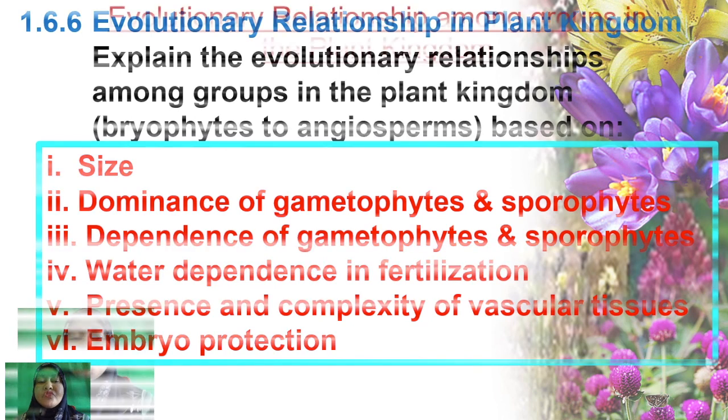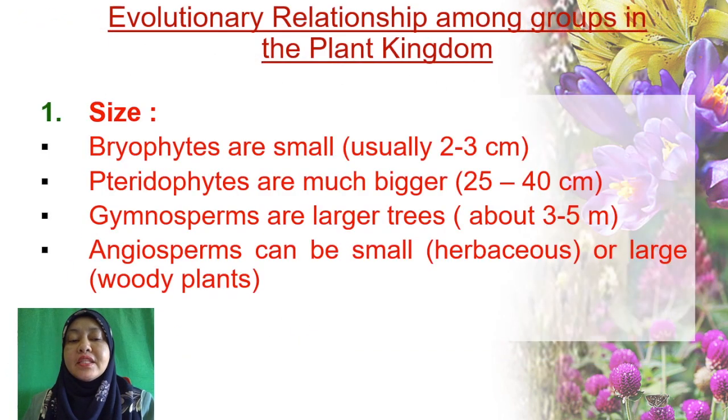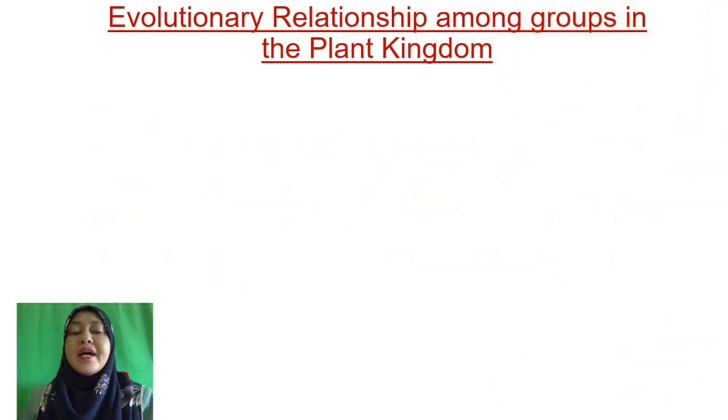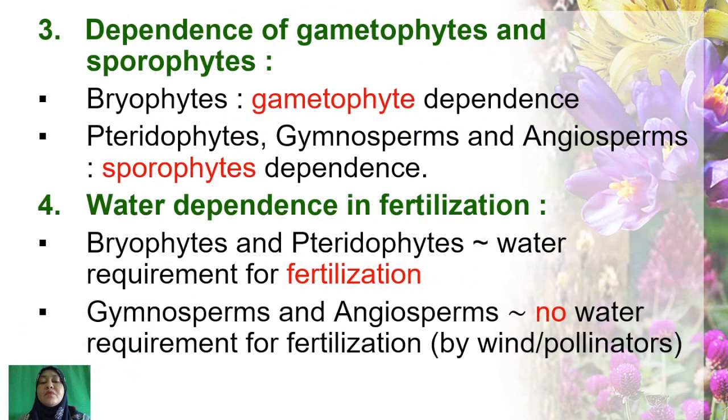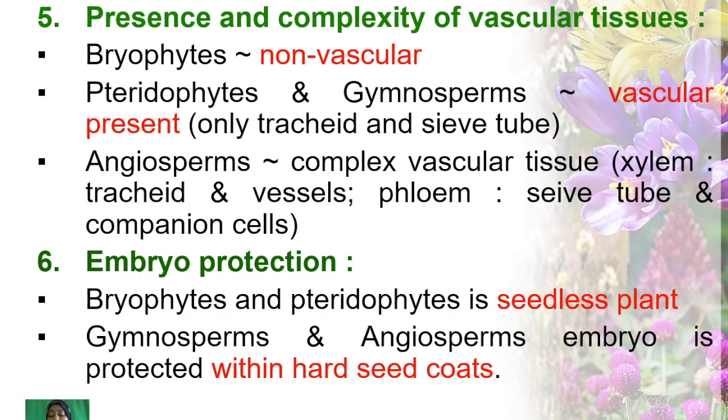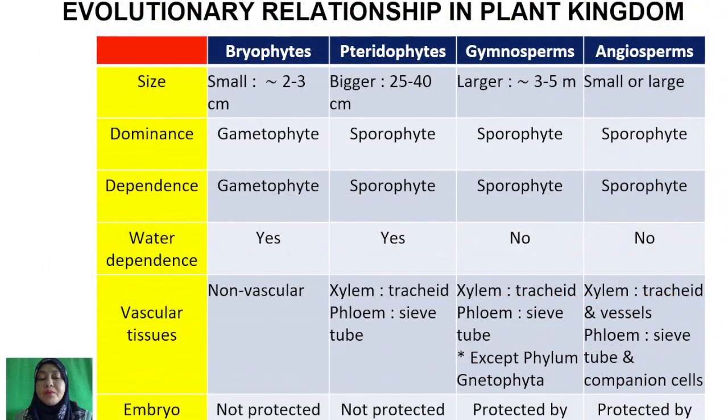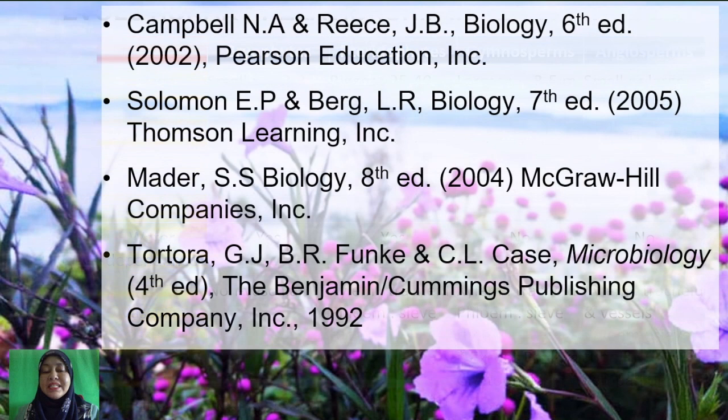It covers size, dominance of gametophyte and sporophyte, dependence of gametophyte and sporophyte, water dependence in fertilization, presence and complexity of vascular tissue, and also embryo protection. You can put it in a table for the evolutionary relationship in the plant kingdom.